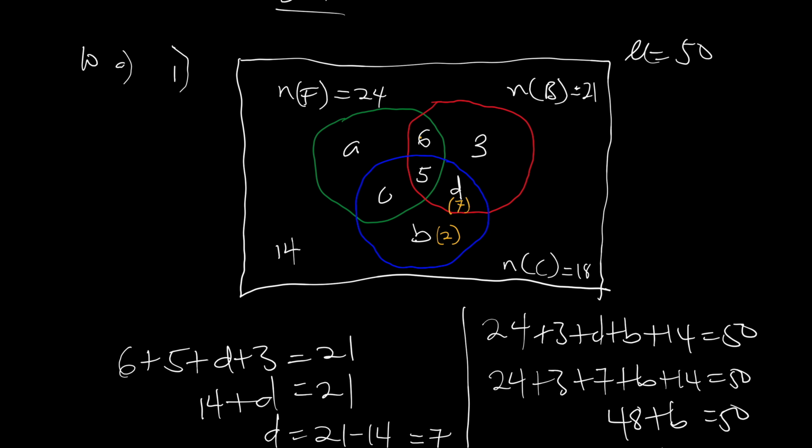Now we know that the whole of the red circle represents the number of students who like basketball. So the total number of students who like basketball, plus this, plus this, plus our 14 should be equal to 50.